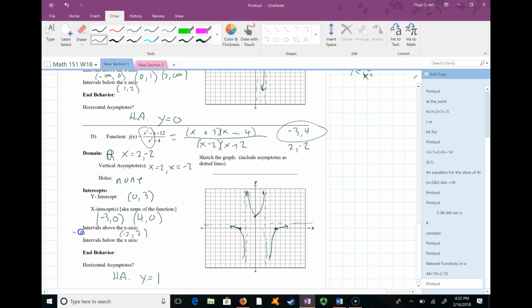Also from -infinity to, what is that? -3. And then, yes, from, let's see, 2, 3, 4, from 4 on. And the interval below is from -3 to -2. And over here would be from 2 to 4. That was a close one.